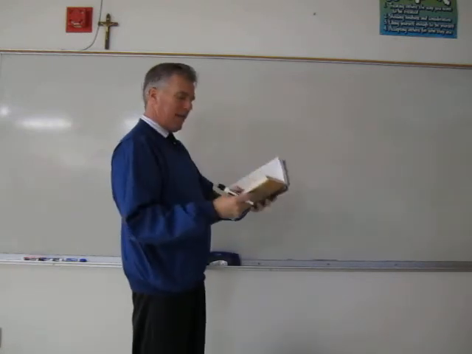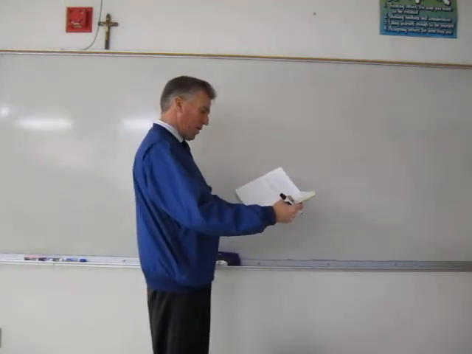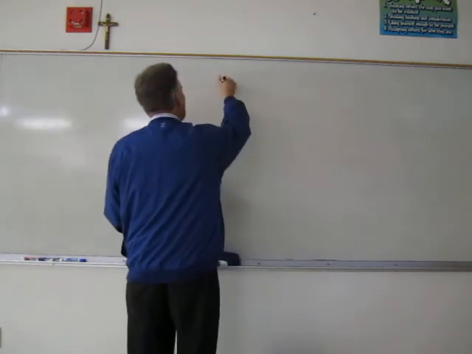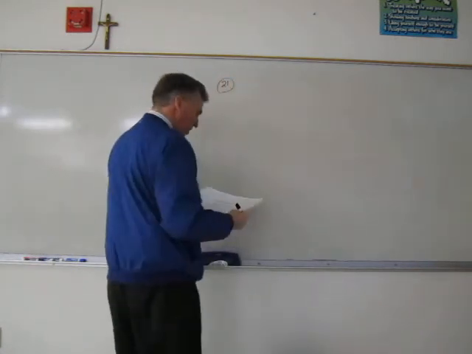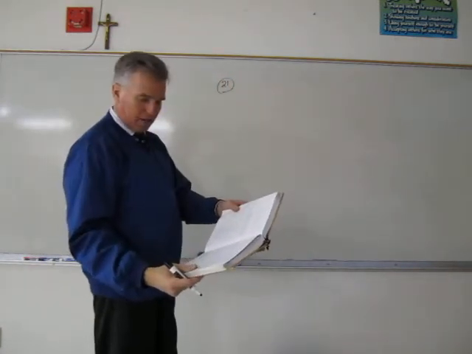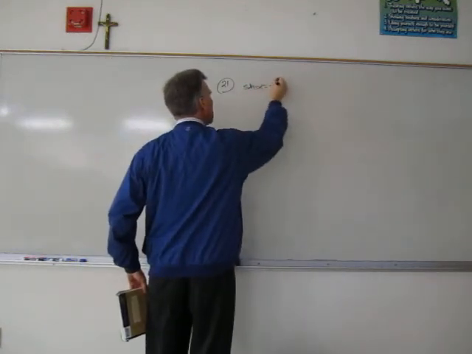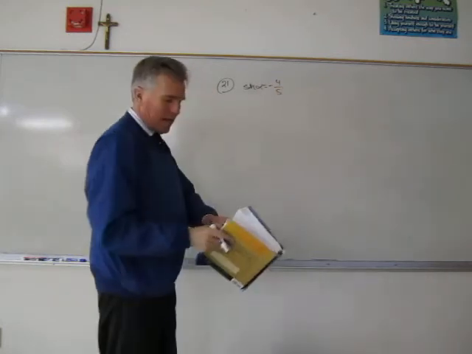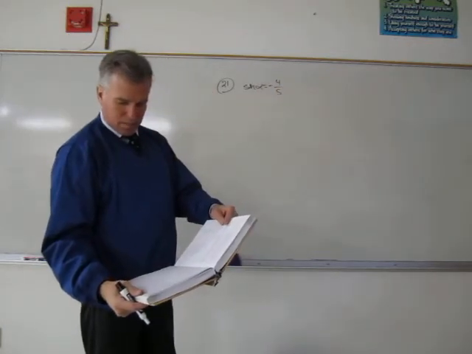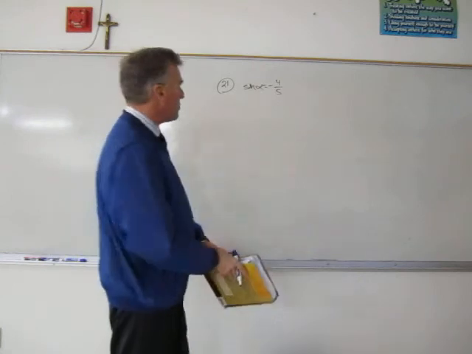So if we jump ahead and look at number 21, we're told that sine of alpha equals negative 4/5, and secant of beta equals 5/3.